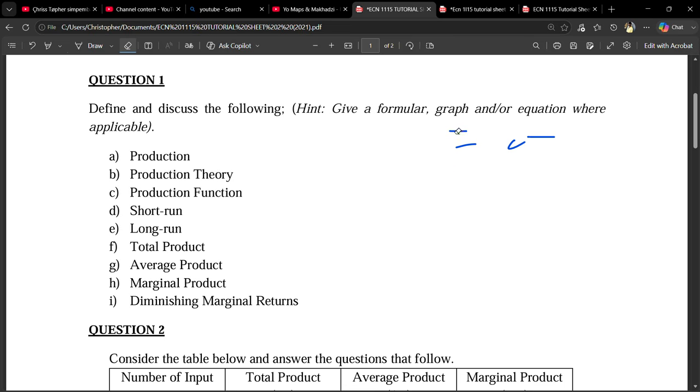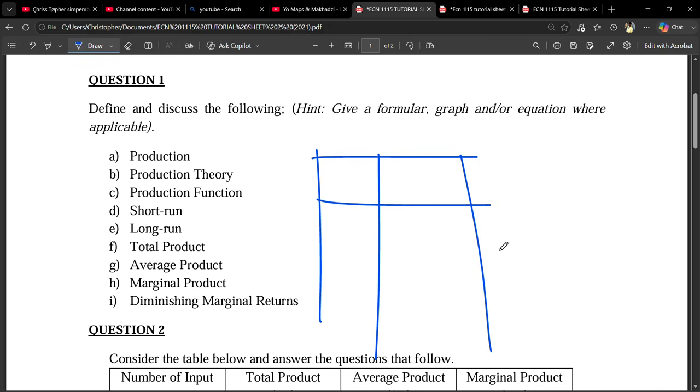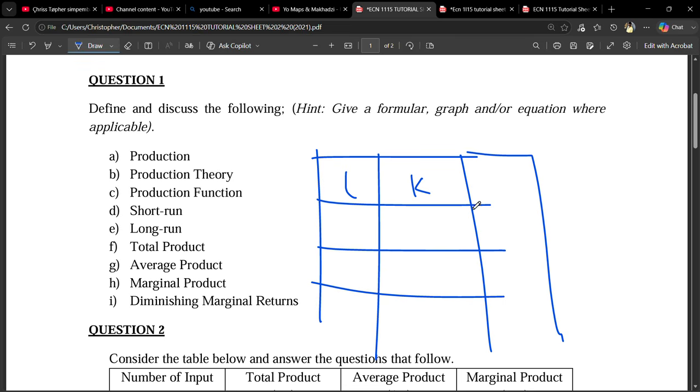The production function shows the maximum output produced, and total product also shows the maximum output produced at a given input. So we can have a table with labor, capital, and total product. If we add one labor and one capital, what are we going to produce? Let's say 5.